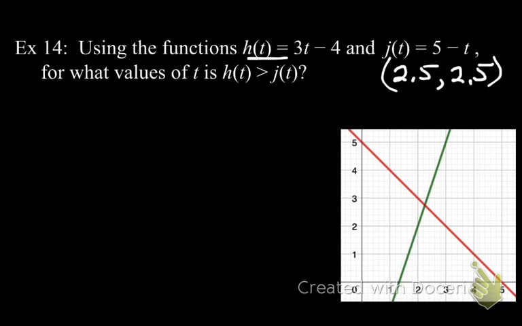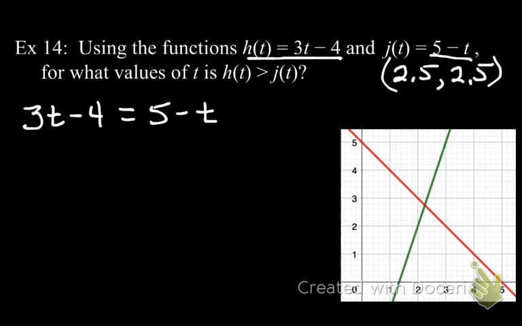We take this function, 3t minus 4, and we want to know when it equals the other one, 5 minus t. Then we have a little algebra problem. We want the t's on the same side, so we cancel out the t on the right by adding t.